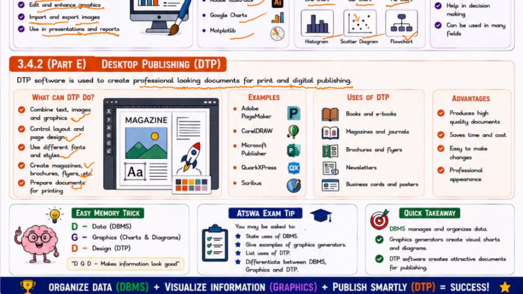All of these are examples of desktop publishing, and it is majorly used for books and ebooks design, magazines and journals, brochures and flyers, newsletters, business cards and posters. So that is for desktop publishing and the like.